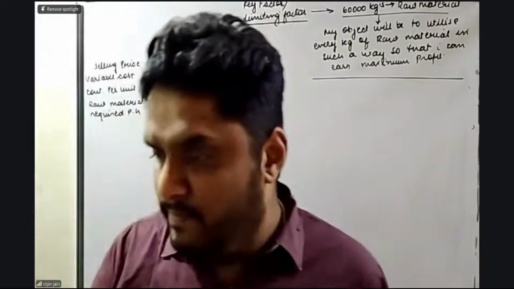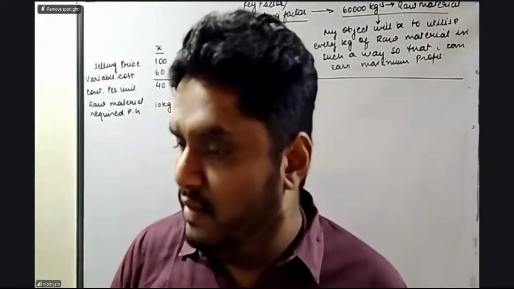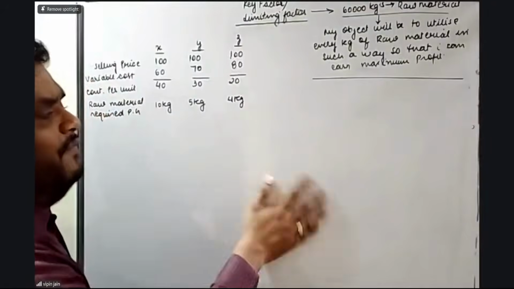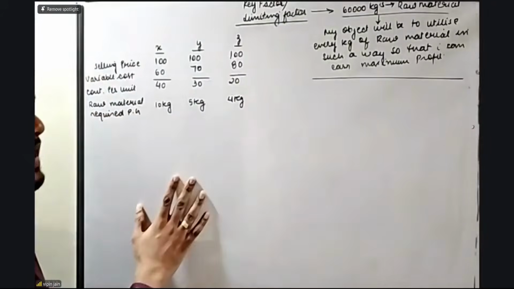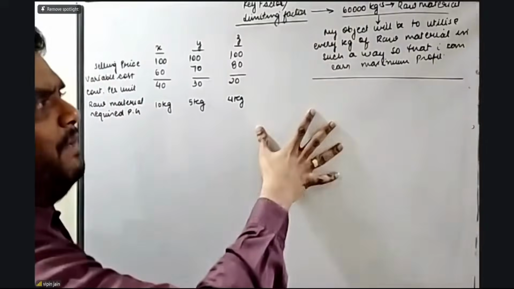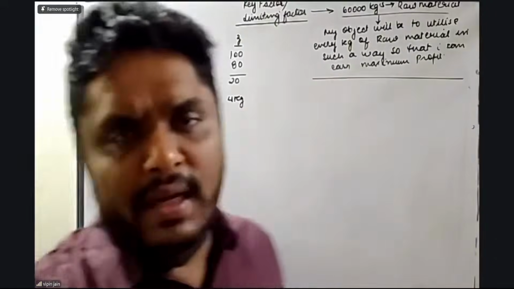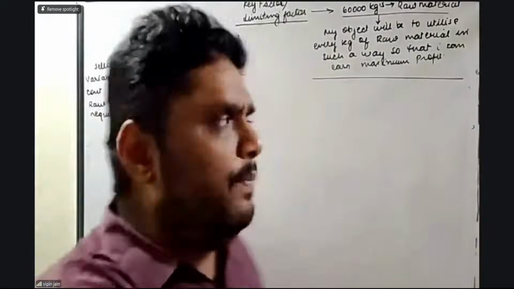Very good, guys. Now, see, let me correct your opinion. Few posted X, few posted Y, few posted Z. Now, see, herein my raw material is available in very limited quantity. So we have to utilize the raw material in such a way so that I can get the maximum profit.